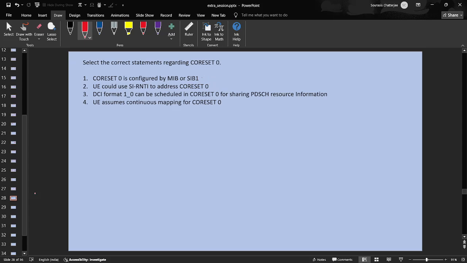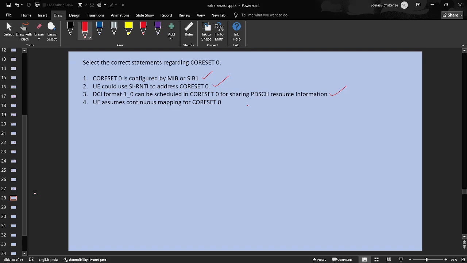Actually, code set 0 is indeed configured by the master information block, and the user should use the system information RNTI, because code set 0 doesn't have any user specific RNTI. That is also correct, since it's PDSCH transmission, DCI format 1_0.